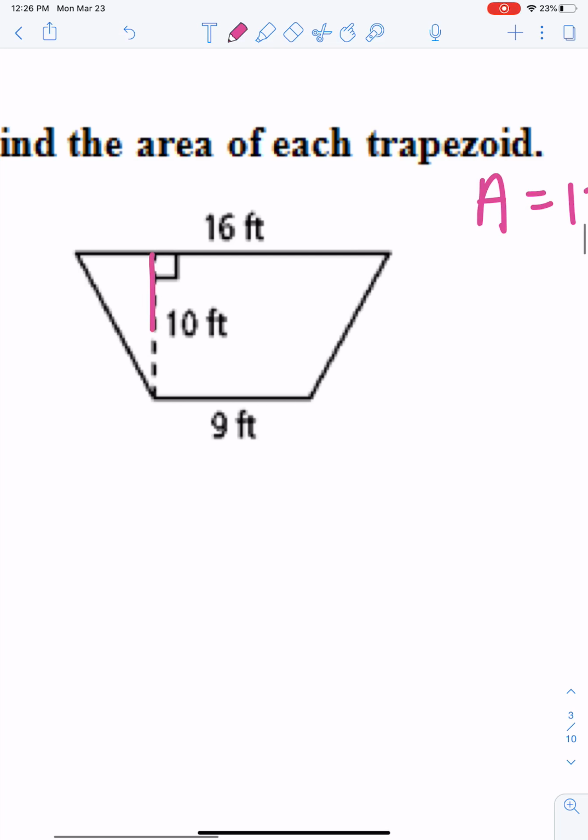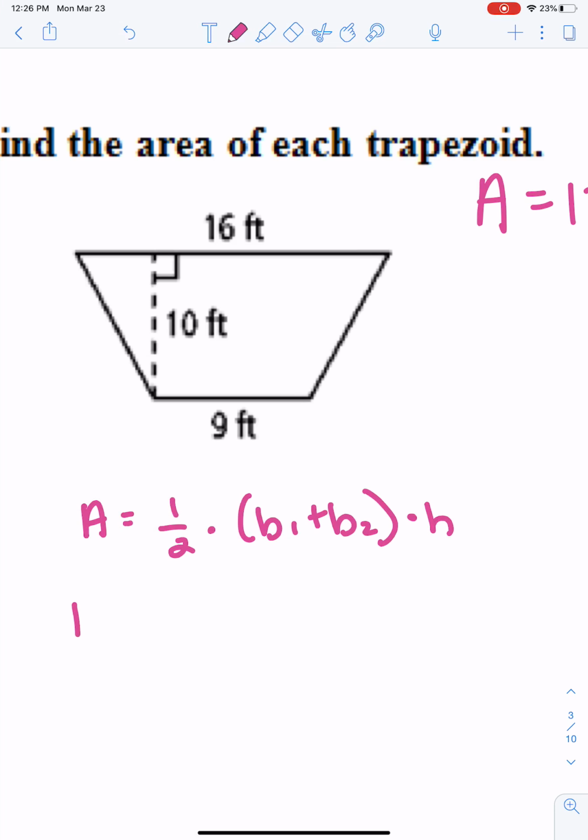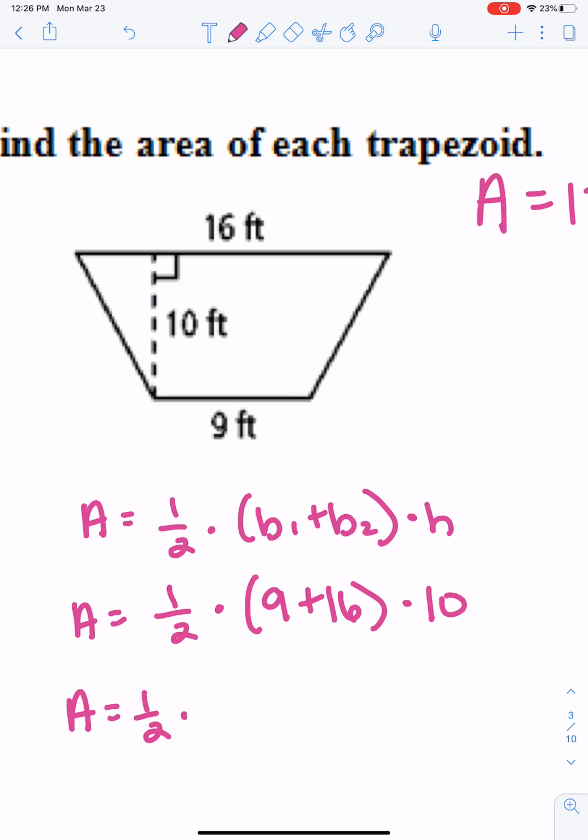Again, if you'd like, you can break this up into a rectangle and two triangles and find each one individually, but I like to use the trapezoid formula. So that formula is 1/2 times base 1 plus base 2 times the height, which in this case, base 1 is 9, base 2 is 16, and the height is 10. You could type that all into your calculator at once if you'd like.